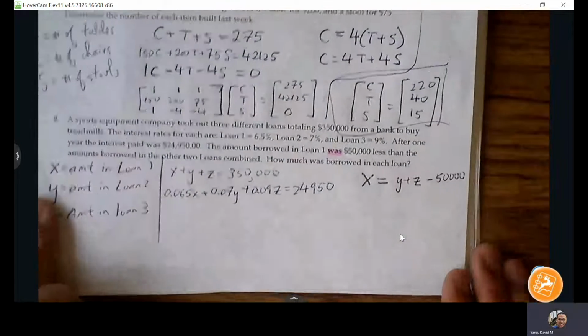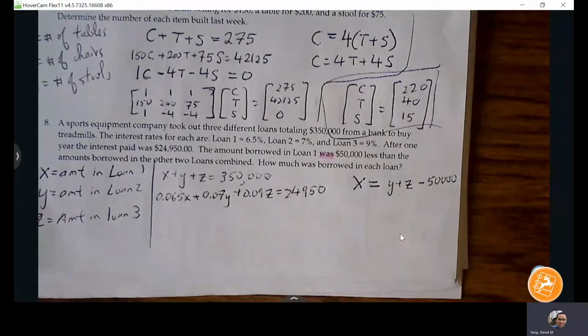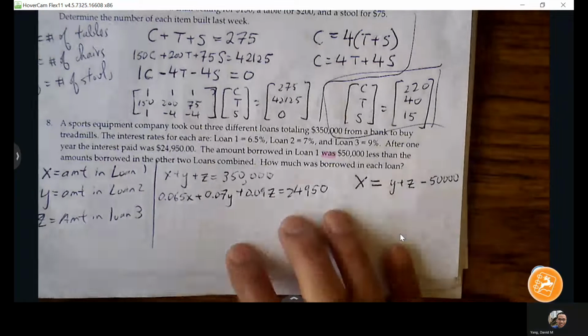There we go. And now rearrange it so that the X's and Y's and Z's are together.